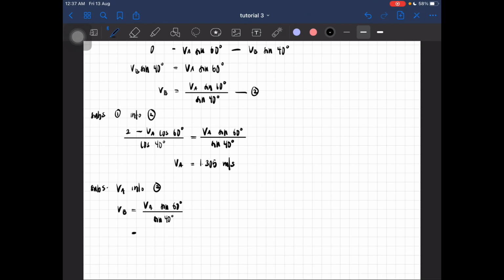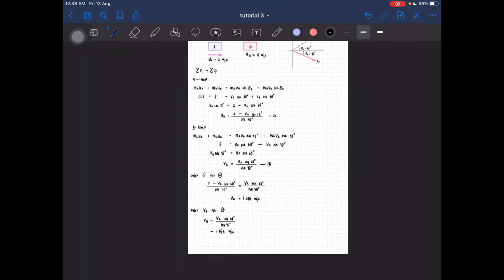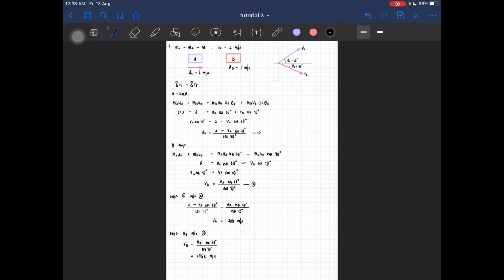You'll then get the final velocity for car B to be 1.758 meters per second. So that is how you solve question 9 when there are x and y components.